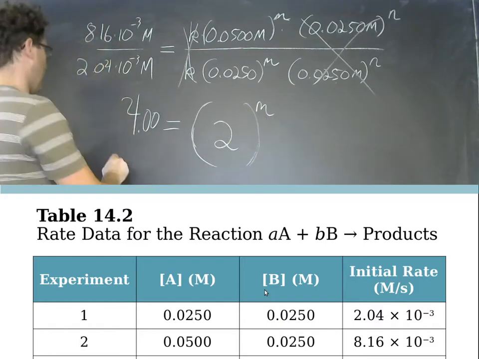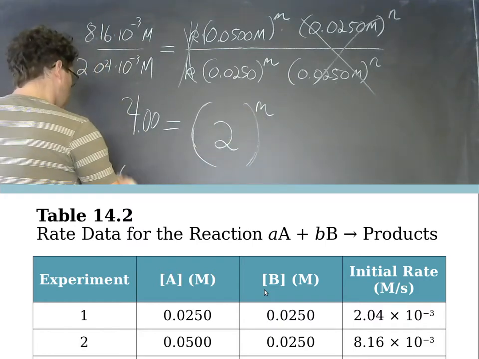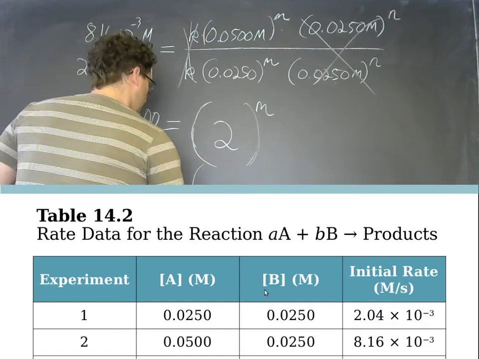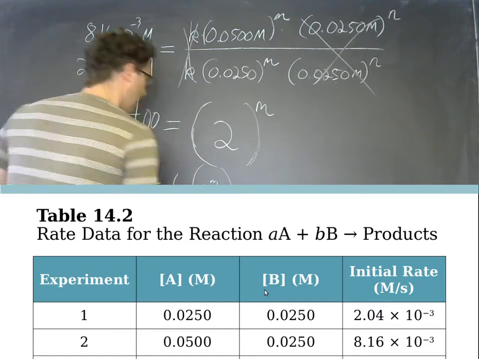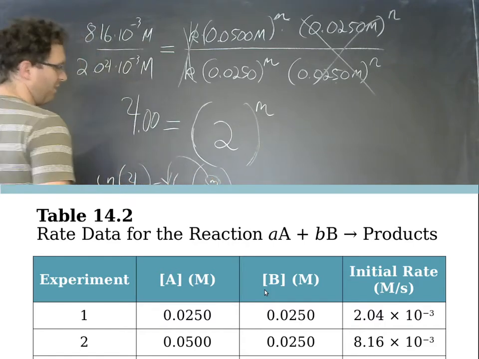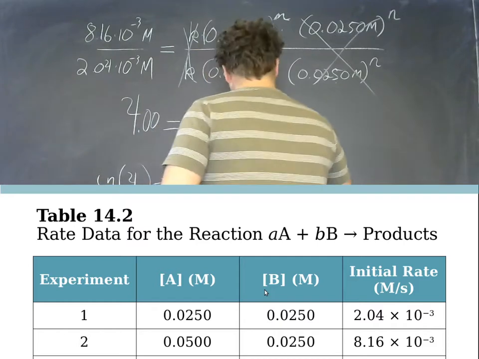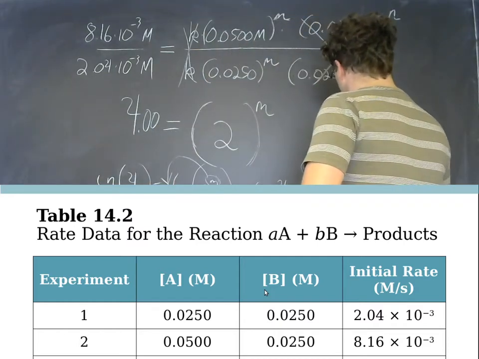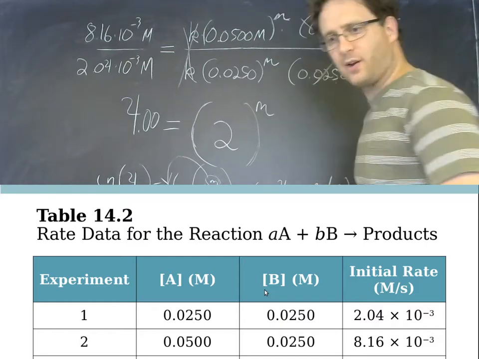So I could take the natural log of 4 is going to equal the natural log of 2 to the m. And there's this great property of natural logs where the m can come out in front. So I'll get the natural log of 4 is equal to m times the natural log of 2. And then I can rearrange this.